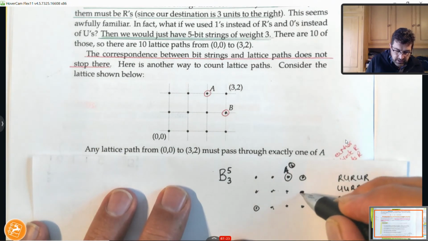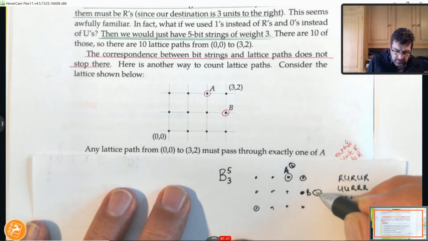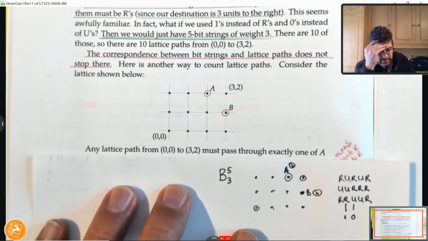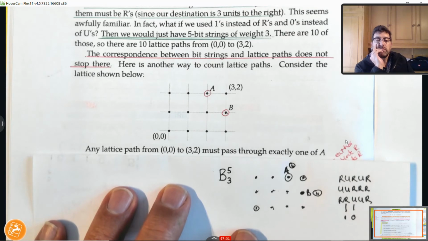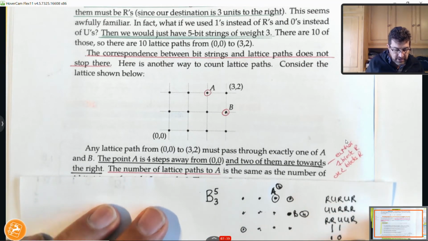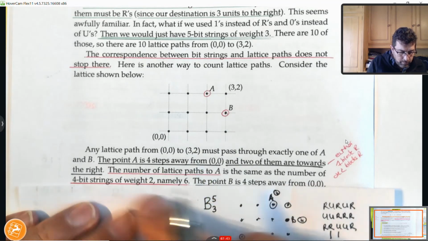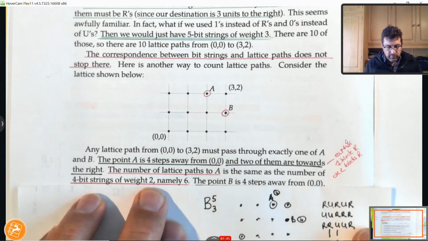Point B is 4 steps away as well. So both of them are 4 steps away from the original point 0, 0. Okay, so the number of lattice paths to A is the same as the number of 4-bit strings of weight 2.